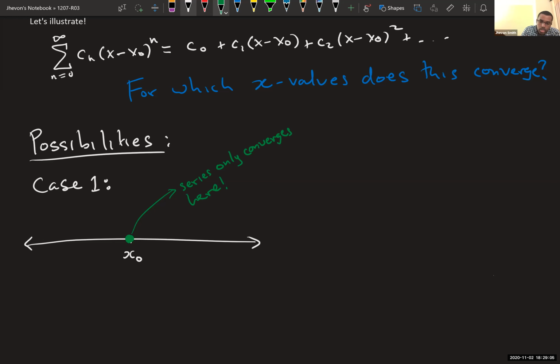In this case, I would describe this as R equals 0. So that's my radius of convergence. And I would actually say the interval of convergence, depending on how much detail I want to go into, might be undefined. Or I might just say it's literally only the set that contains x naught. It's not really an interval at all. It's literally only one point where this is going to work.